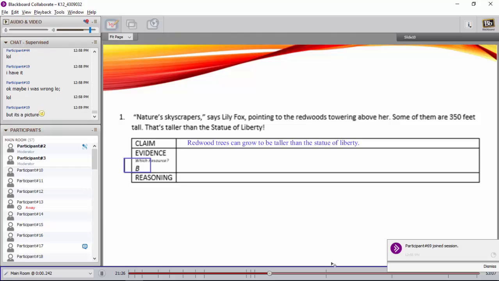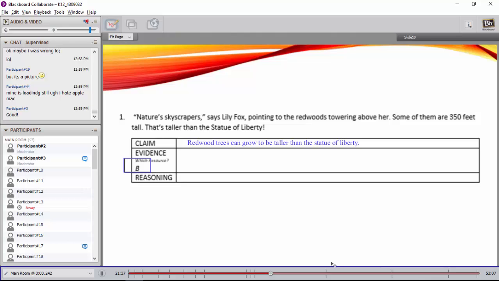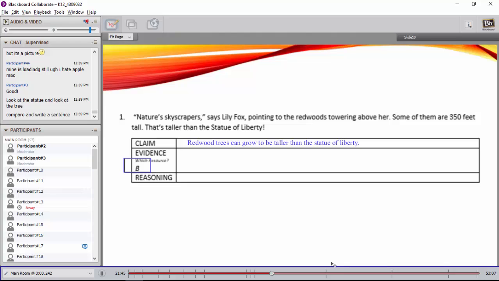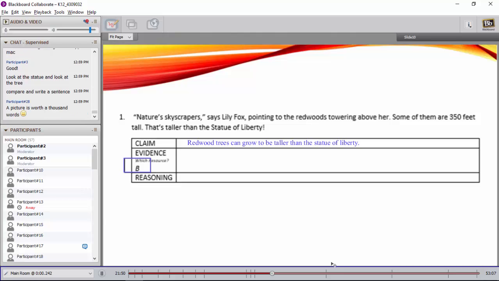Oh, good point there, Gabriel. So it's a picture that you see. Could you translate that picture into words? Remember, your evidence isn't always just data.